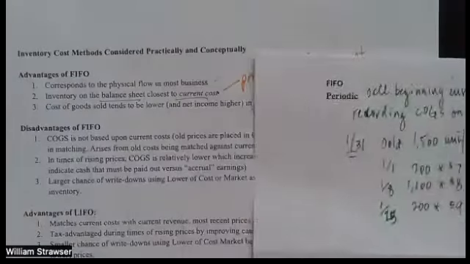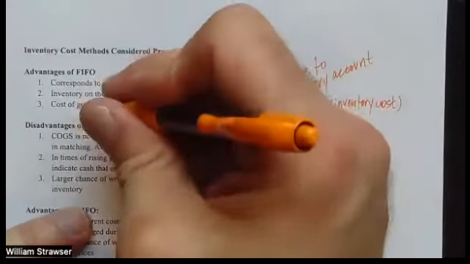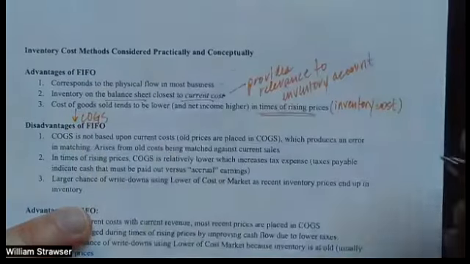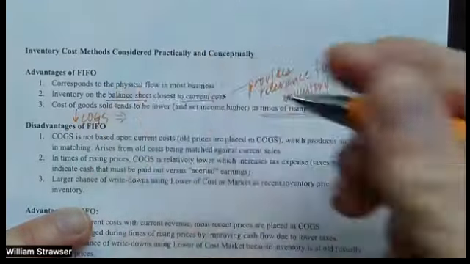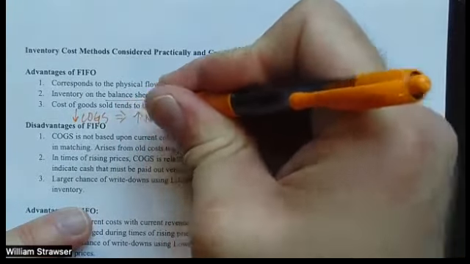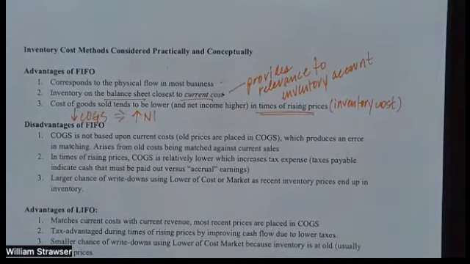So if cost of goods sold goes down, all things equal, that will create more net income. Cost of goods sold goes down, gross profit rises, net income rises. So that is a financial reporting advantage of FIFO.